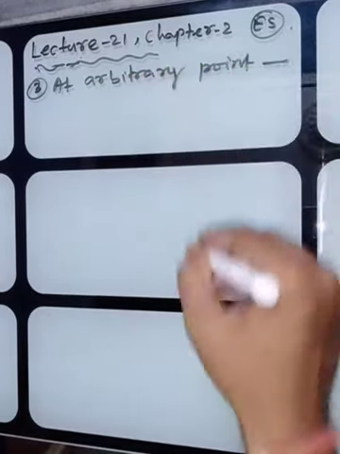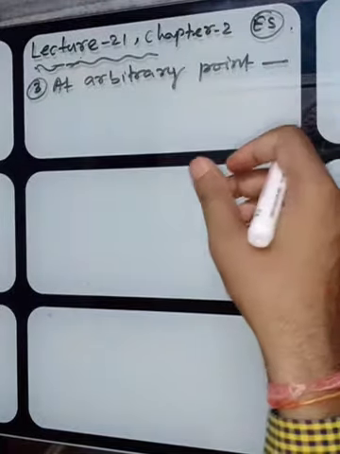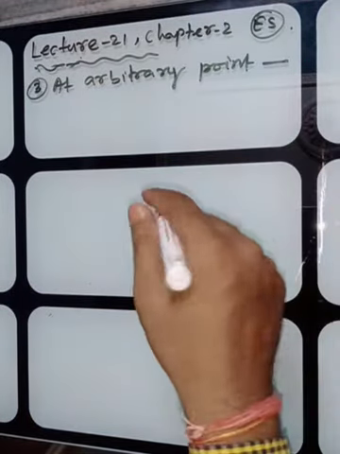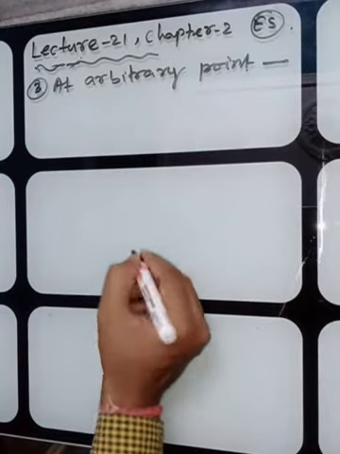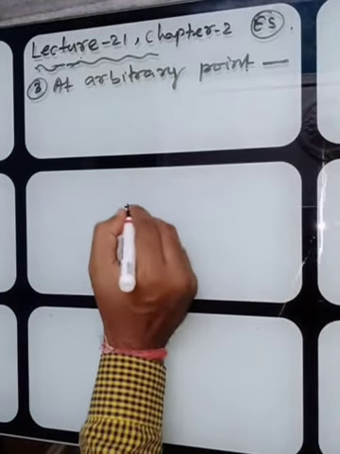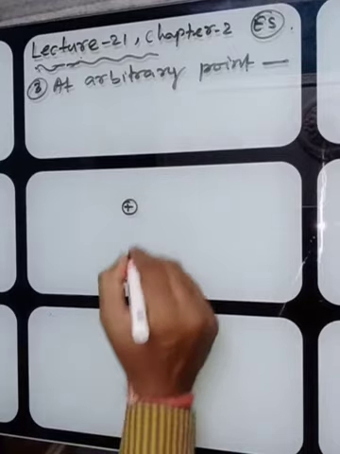This is also termed the general point. Okay, my dear students. So suppose this is the positive charge and this is the negative charge.